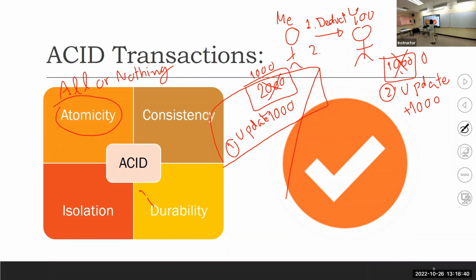So atomicity means if a transaction comprises a series or sequence of operations, all of these operations must be successfully executed, all of them.